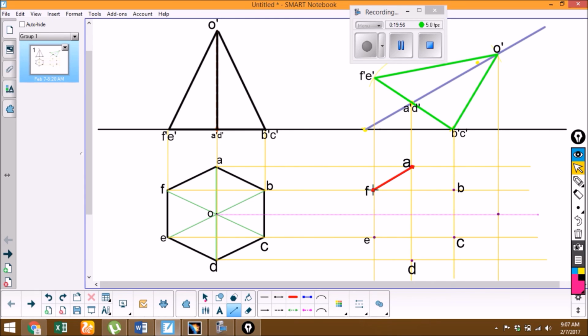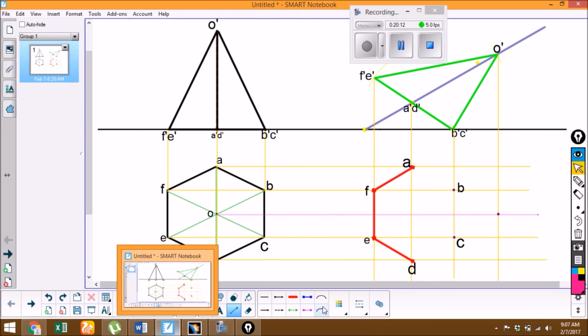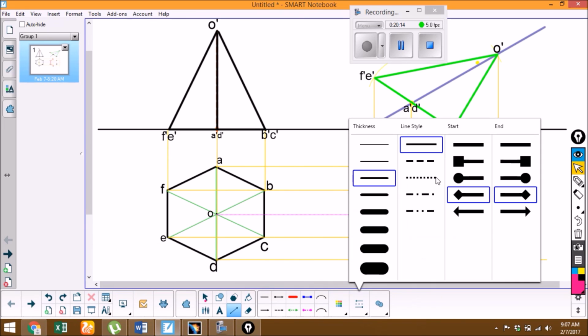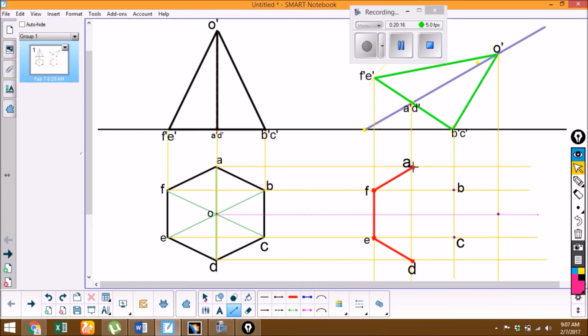Now we join all the edges: A to F, F to E, E to D, and D to C is the dashed line. A to B, B to C.